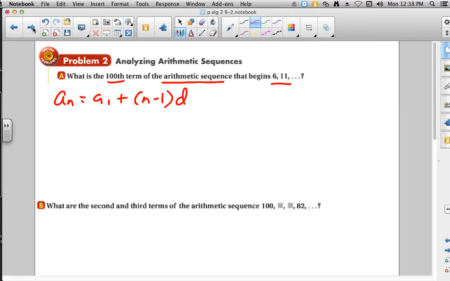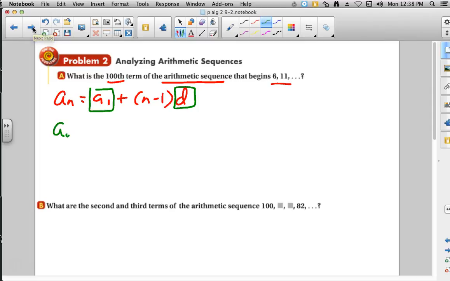Now, you'll notice that they had the 100th term. I don't want to find the 3rd, then the 4th, then the 5th, then the 6th, etc. I'd like a formula that would give me that 100th term. That means I have a couple of things I have to find. This and this, that's what we highlighted before. Then I'll just simplify it, and it'll be an explicit formula that we can use.